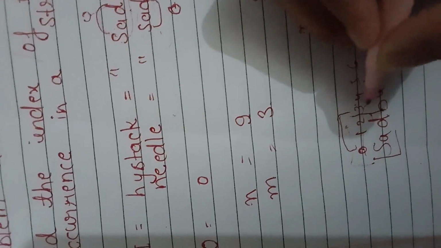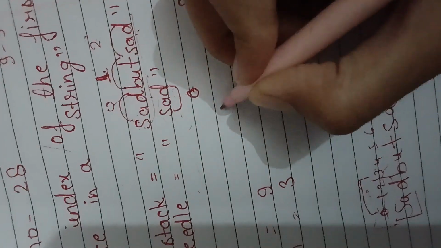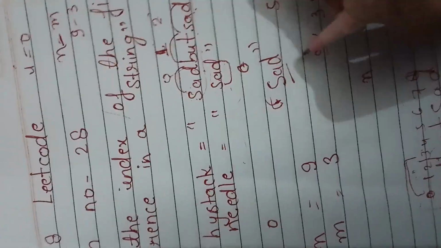So it will cut "sad" from the whole string. This function will collect "sad" and we check it against the needle. If sad is equal to the needle "sad", this condition is satisfied.